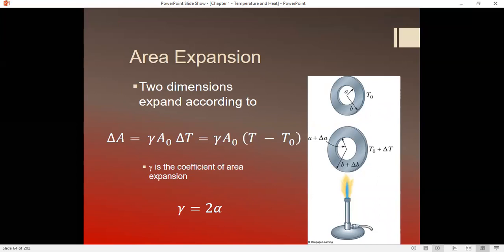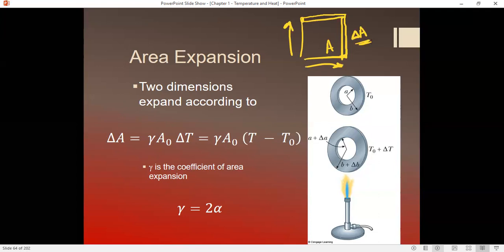Now, instead, if we have an area of some material, we know that it's going to expand to increase that area, where this new added area is going to be delta A. It's going to expand in this direction, it's going to expand in this direction. And that extra length that it gets here and extra length that it gets here, that is going to correspond to an increase in area.